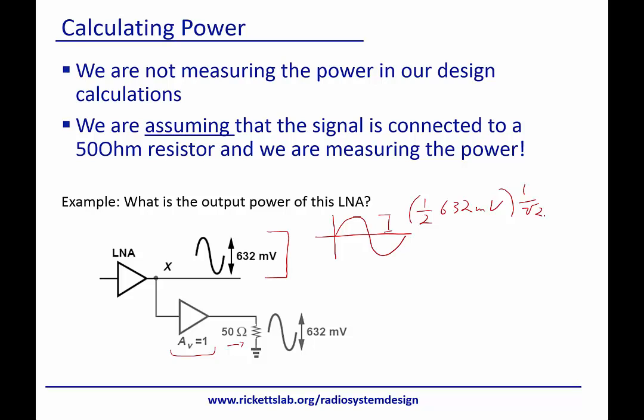And the power is simply equal to V squared RMS divided by R. So I'm going to square this and end up with 1/8, because I get a 2 from this and a 4 from this, times 632 squared divided by 50. If you calculate that out, that's 998 milliwatts.